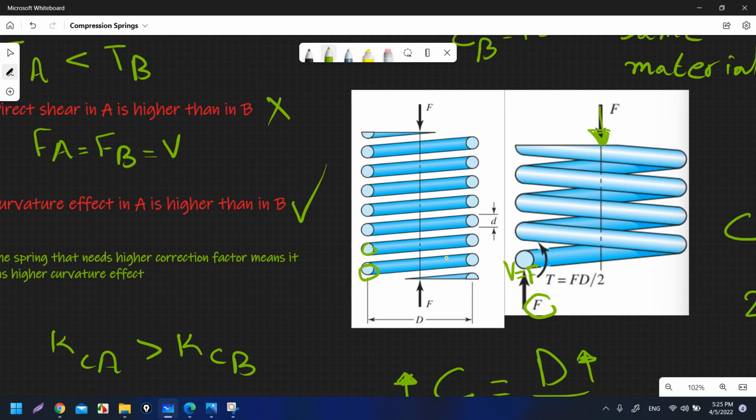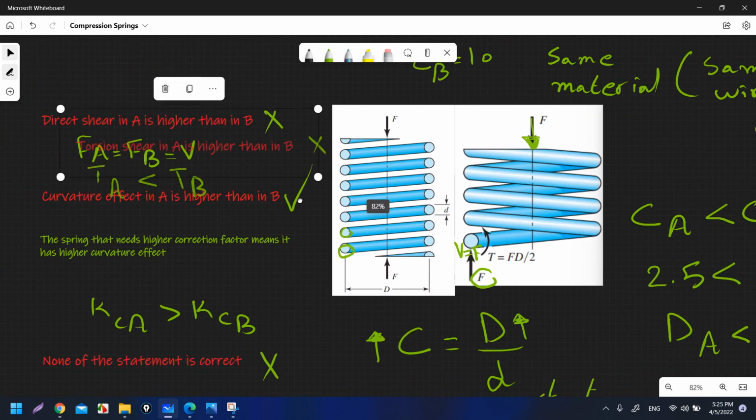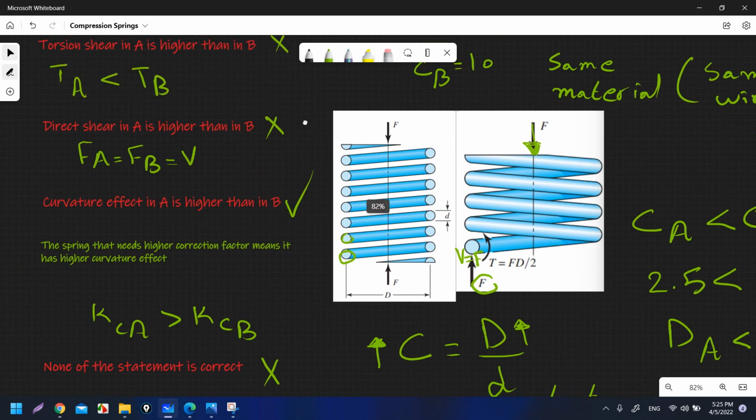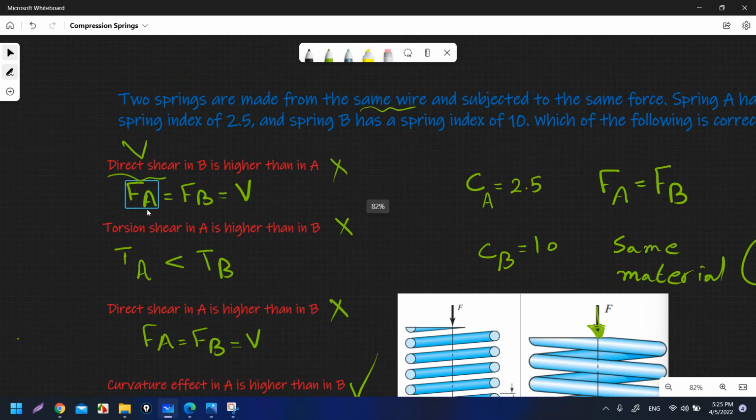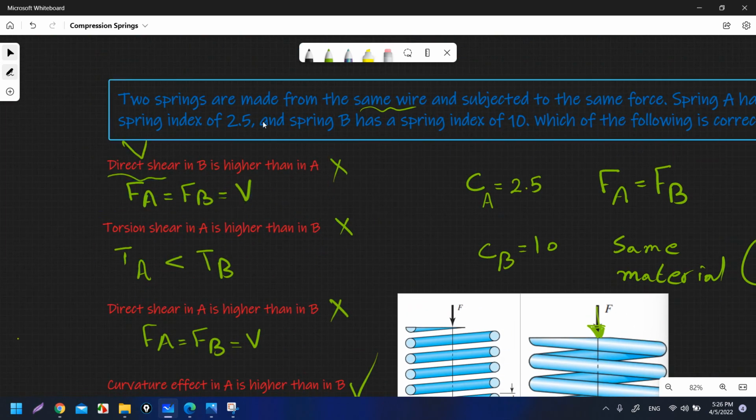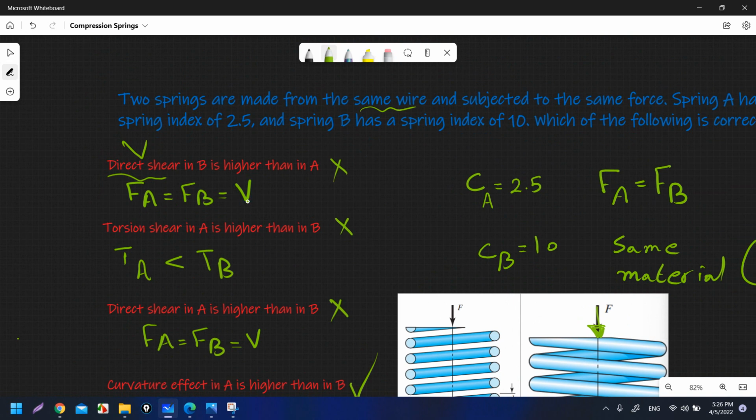That is why he also wrote F after he made a section here. So if Fa and Fb are the same from the question, then both of them equal V for the two springs. So the sentence that direct shear in B is higher than in A is wrong.